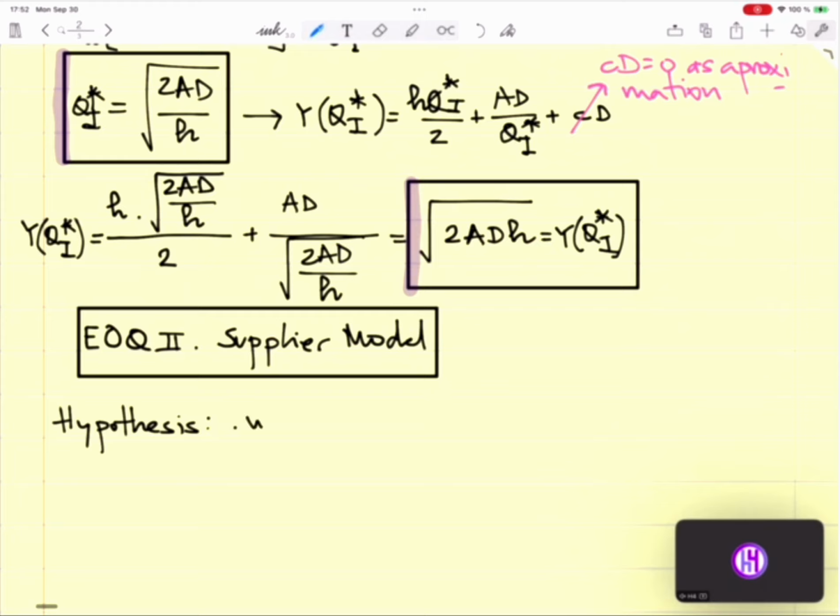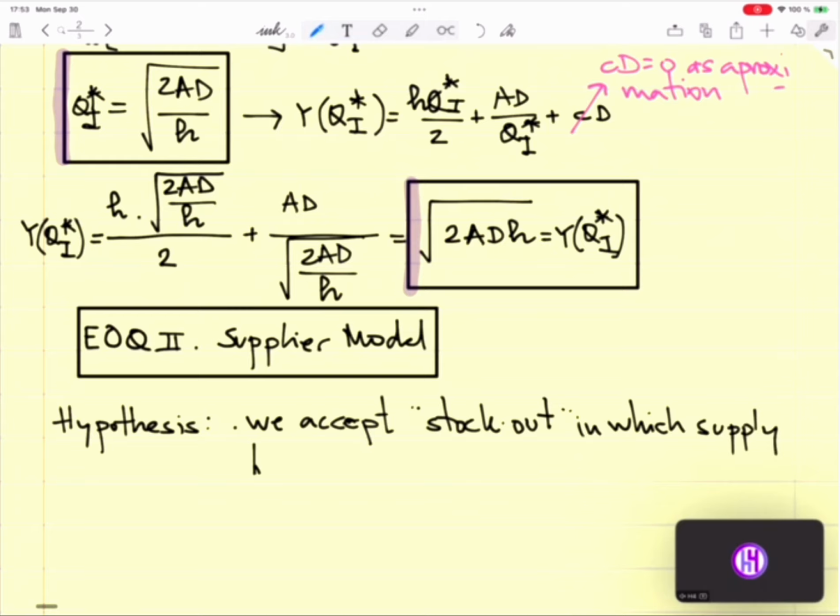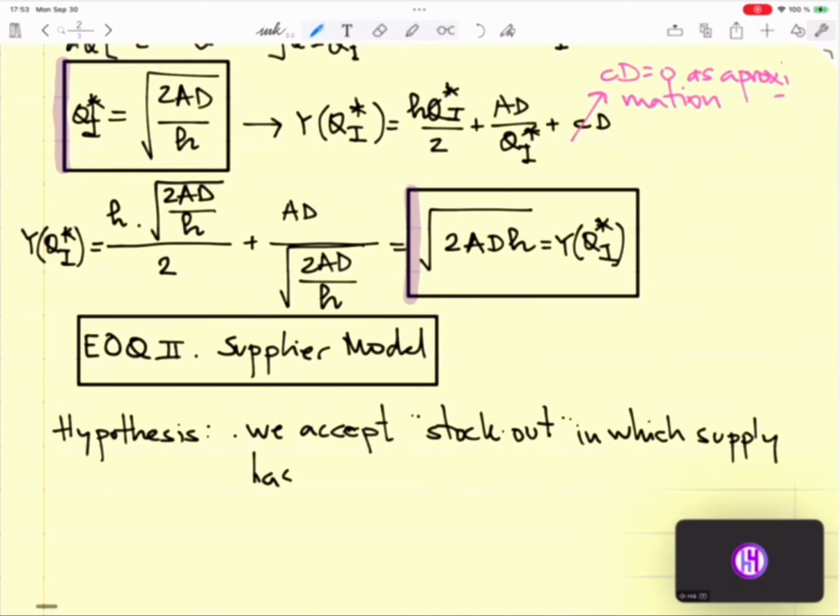Here we accept stock out, in which supply has a backlog of orders. And of course, this needs to be modeled and to have a backlog costs money.